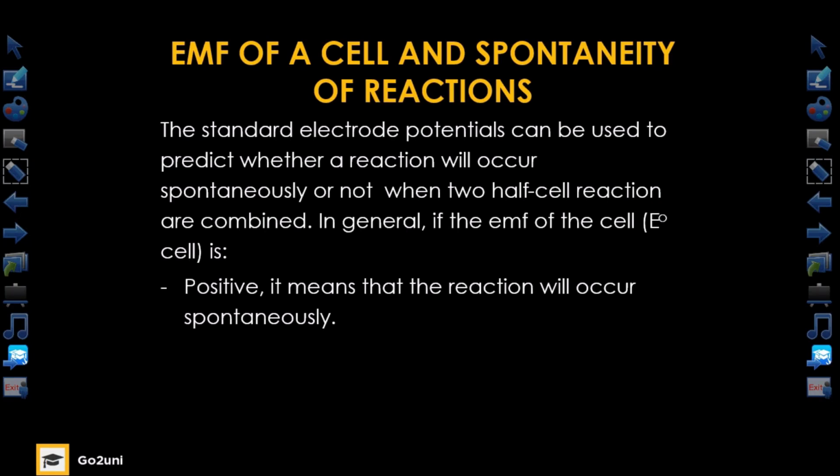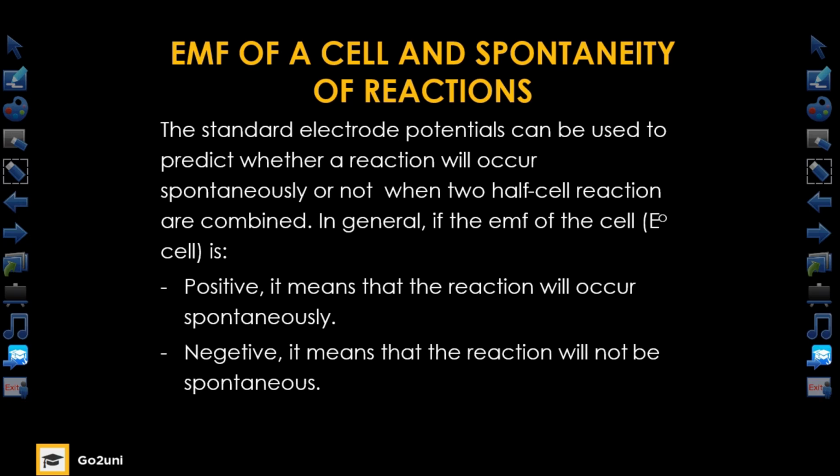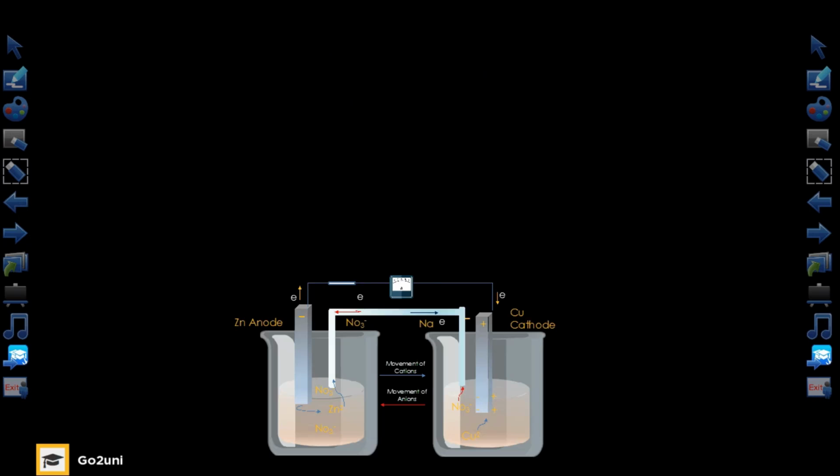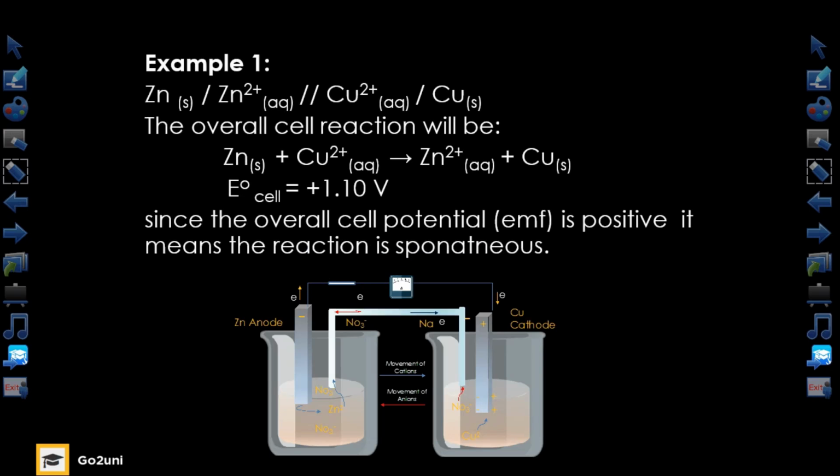So if a reaction is going to be spontaneous, then our E, the electropotential, must be positive. But if it's negative, it will not be spontaneous. So that is how to determine the spontaneity of a given reaction. With that, we shall take a few examples, just as we've seen before. Look at zinc and copper.